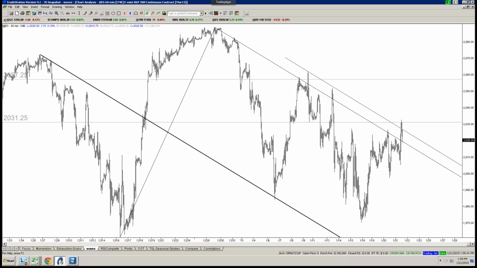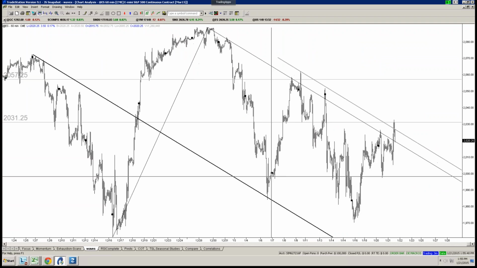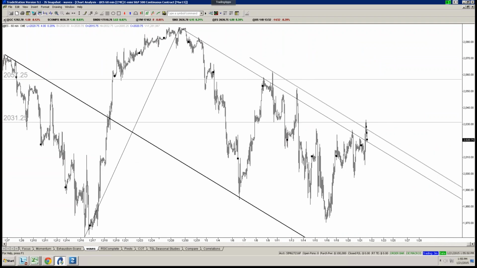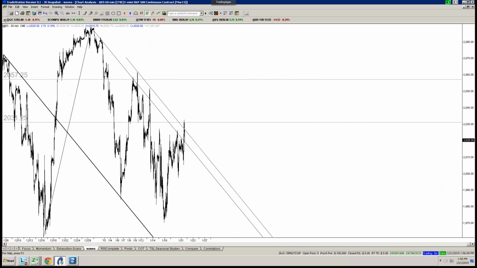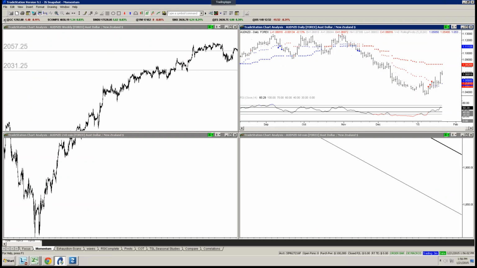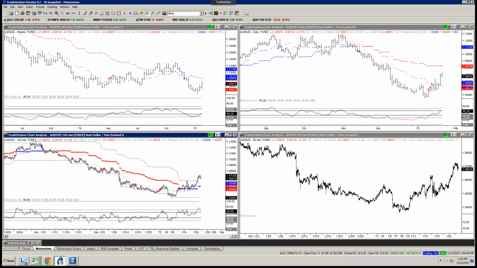This is a great question or comment by Brendan Crowley. Brendan says, could it be a triangle on the hourly chart since the 7th of January? Yeah, so you're looking right here, right? Kind of like an A, B, C, D, E. It very well could be. Let's see what the momentum profile looks like in the S&P.